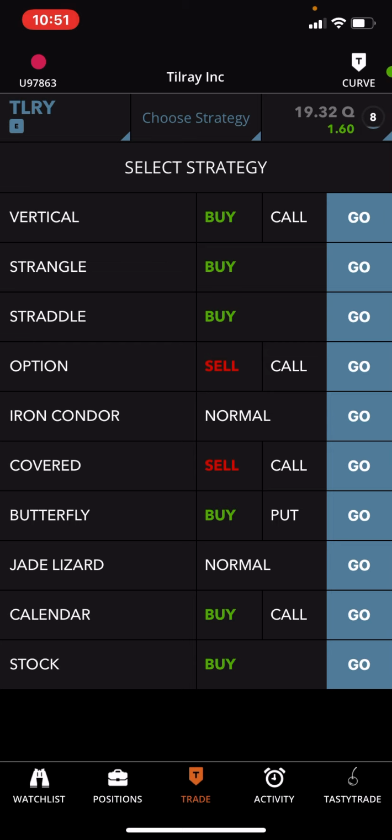And then you want to look at the IV rank. In this case, Tilray's IV rank is 8. That'll give you your gauge whether you want to do a buying strategy, a debit strategy, or if it's high, a selling strategy or a credit strategy.